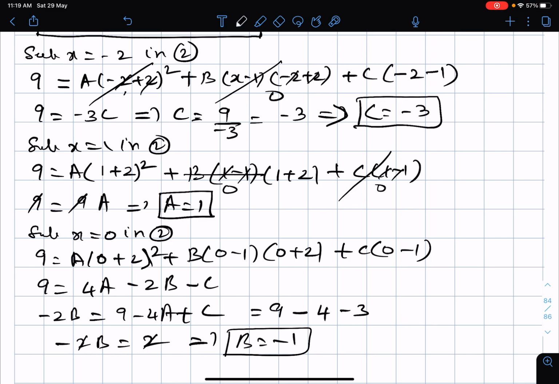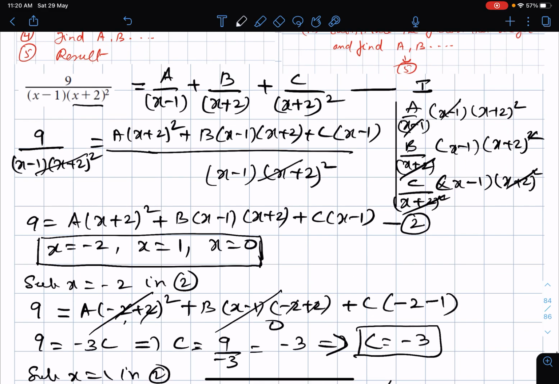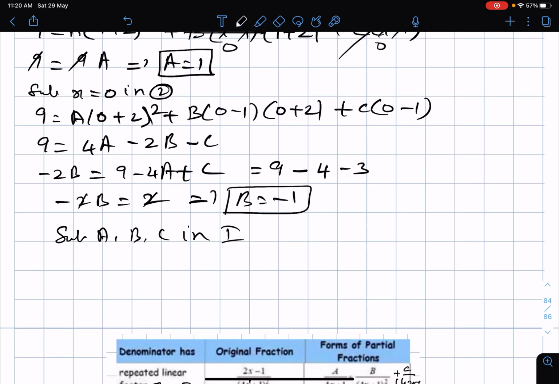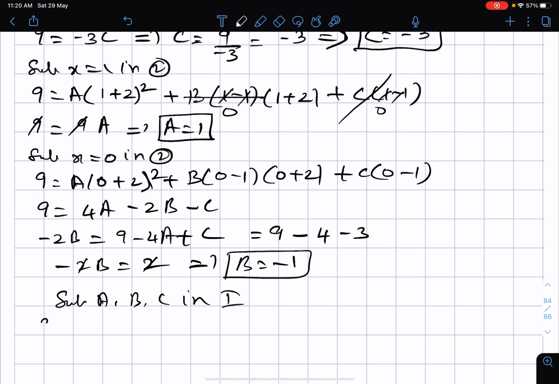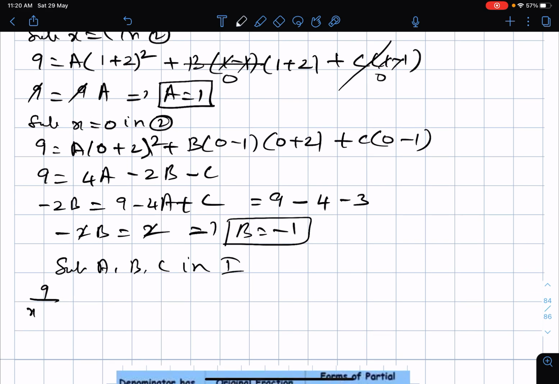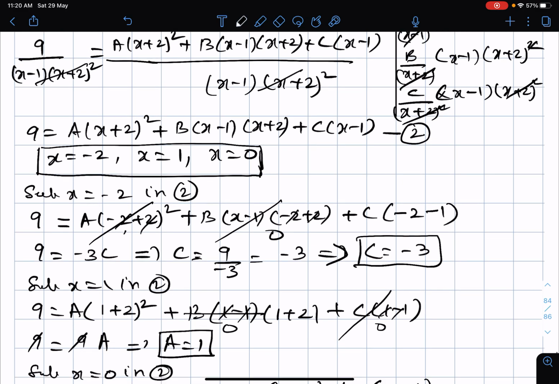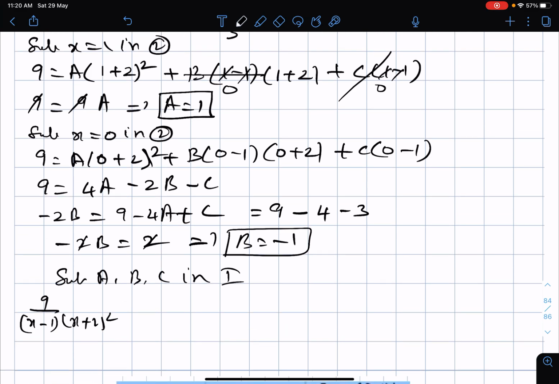So you have got a, b, c. You are going to substitute a, b, c in Roman letter 1. What is our Roman letter 1? 9 by (x minus 1) into (x plus 2) the whole square equals, what is our a? 1.